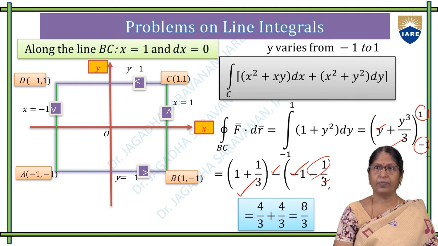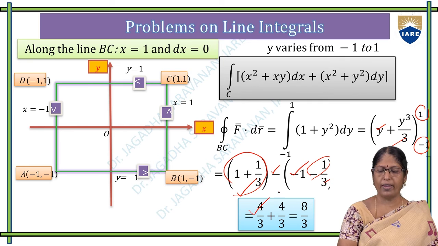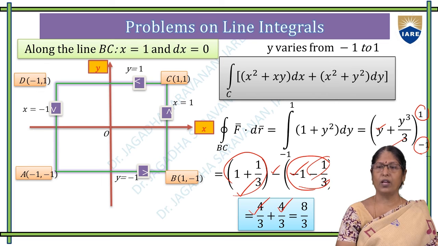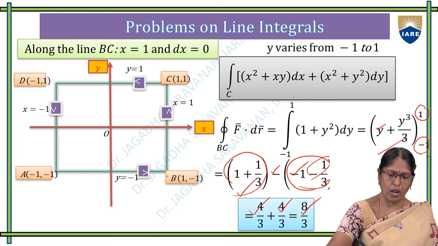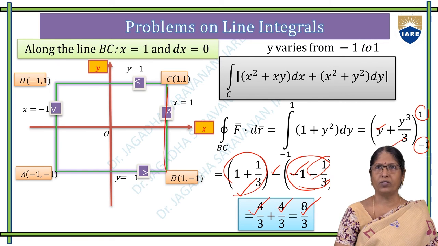Simplifying, the first gives 4 by 3 and the second minus 4 by 3. Already a minus is outside, plus 4 by 3, put together 8 by 3. So along BC we obtained the result 8 by 3.